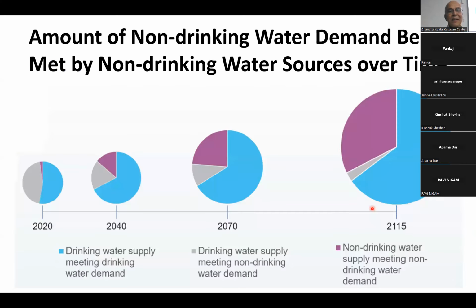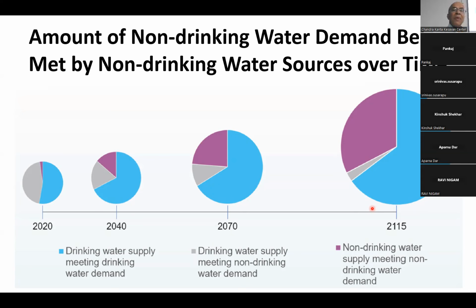And finally, this one illustrates what we talked about earlier, the water being used. On this pie chart, the gray area is basically drinking water supply being used to meet non-drinking water demand. For example, golf course irrigation or your lawn irrigation, you don't need drinking water for that. You can use wastewater effluent for that. So right now, almost half of our drinking water is used for that non-drinking water purpose.